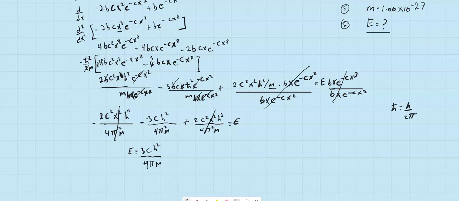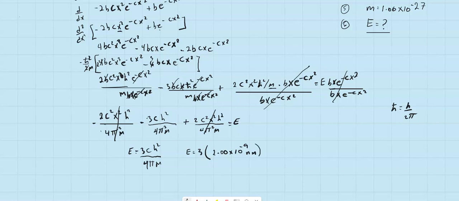So now all I need is, okay, I got my energy. It's going to be equal to 3 times, what is my c? My c is going to be 2.00 times 10 to the negative 9 nanometers, right?